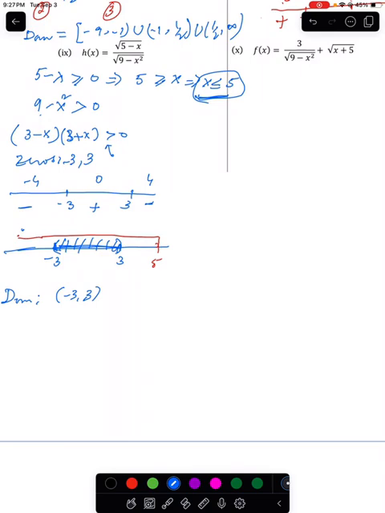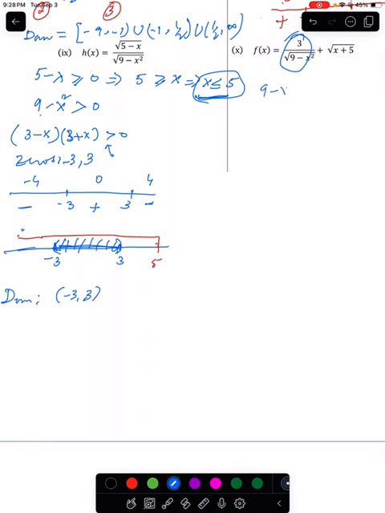Okay, last part. Notice here, this is 3 over the square root of 9 minus x. In the first expression, we have a number on the numerator, so we don't have to worry about that. But at the bottom, we have a radical expression, a square root. So it means we have to set the radicand greater than 0 and solve that inequality, which is the same thing that we did here.